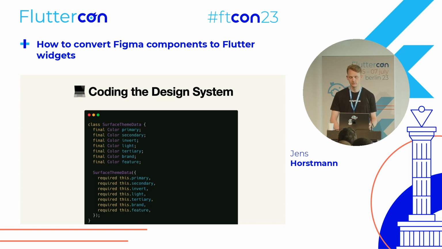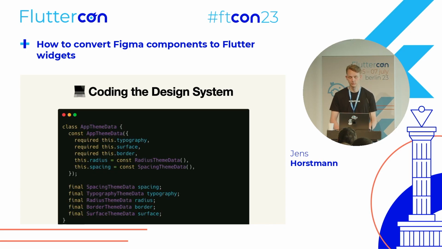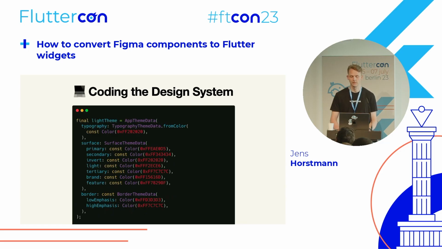And from there we can define a more complex class that will be the app theme. So here we see all the namespaces again with spacing, typography, radius, border, and surface. And some of those values are already predefined because they are not changing from one theming to another. From this class, we can now define our first theme, for example, the light theme.